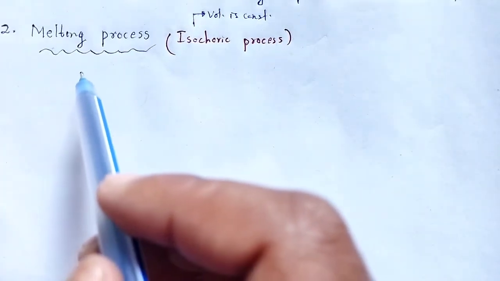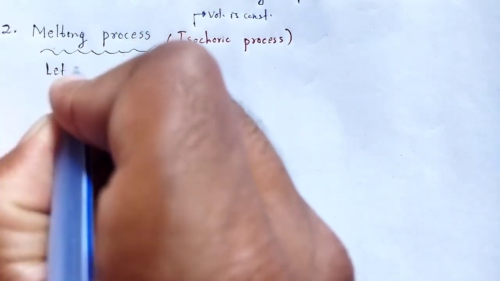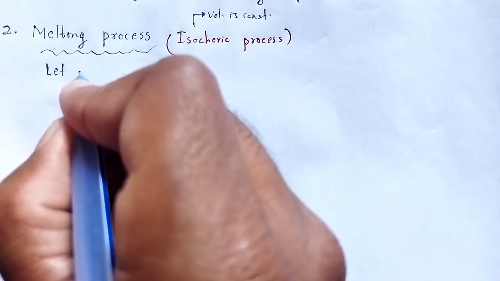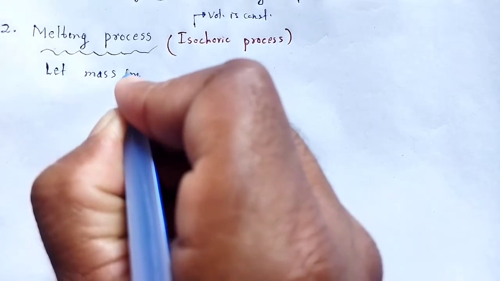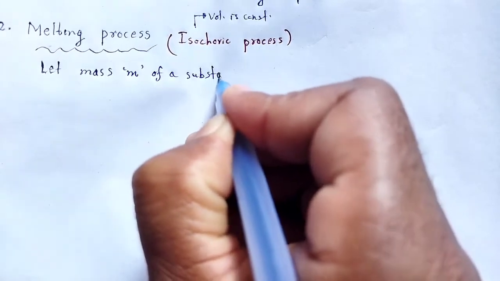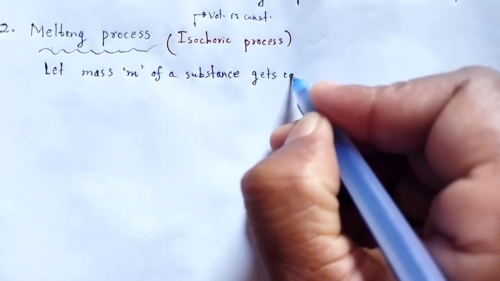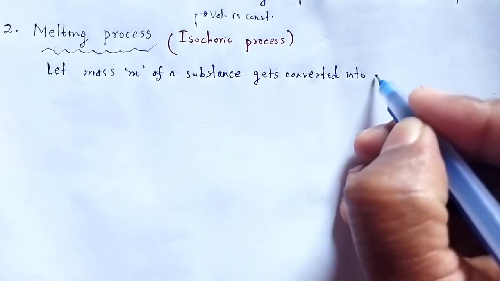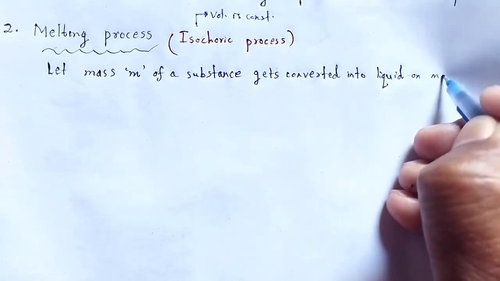Here let us consider mass m of a substance gets converted into liquid on melting.